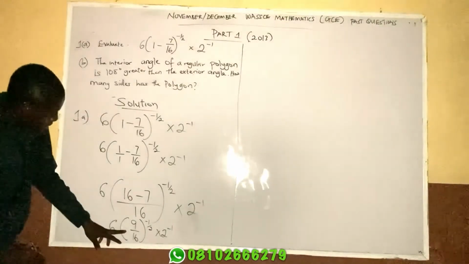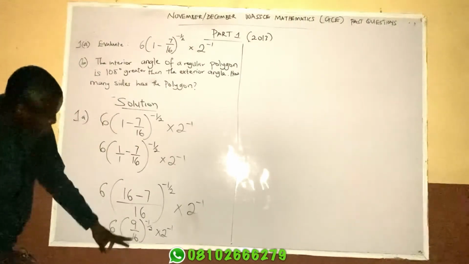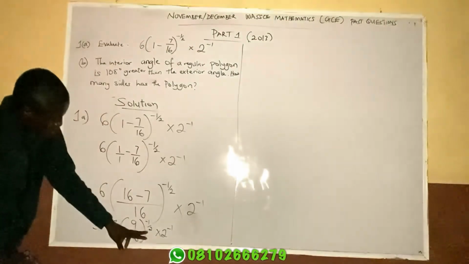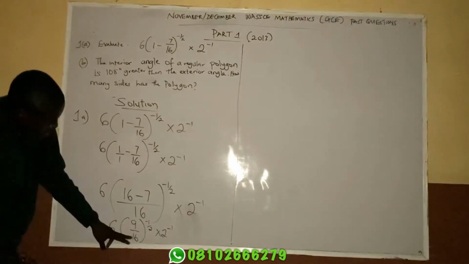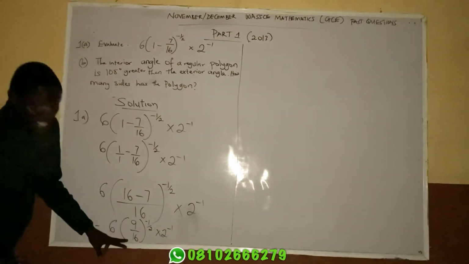Meaning that here we have 6 into bracket 9 over 16 raised to power minus half. To remove this sign, the 16 will come up and the 9 will come down.